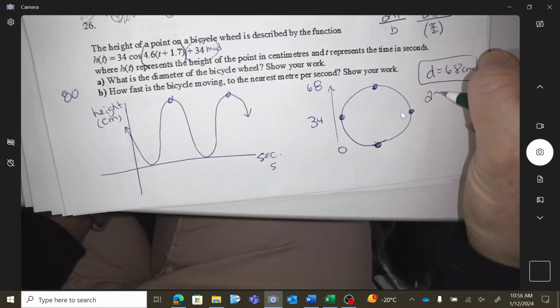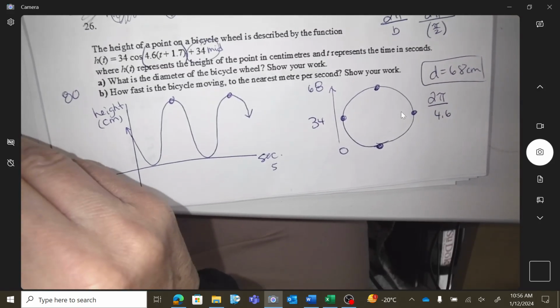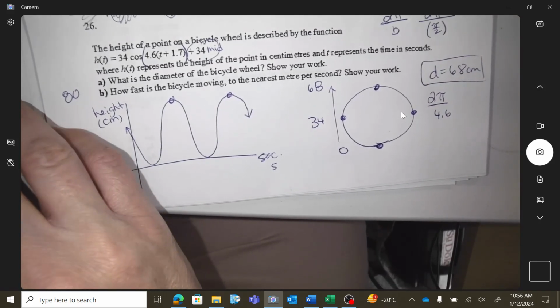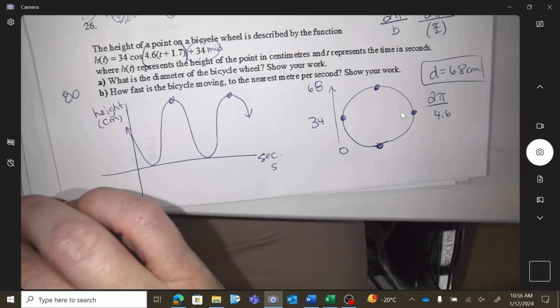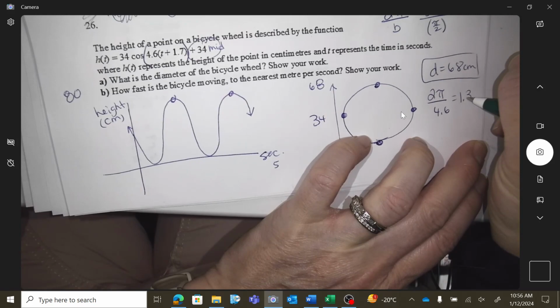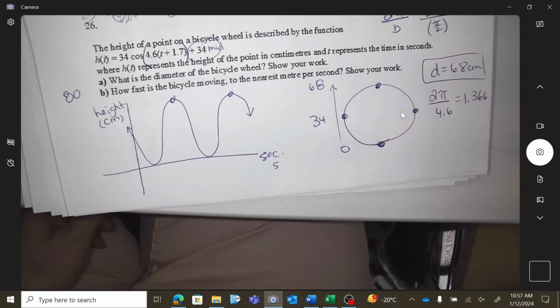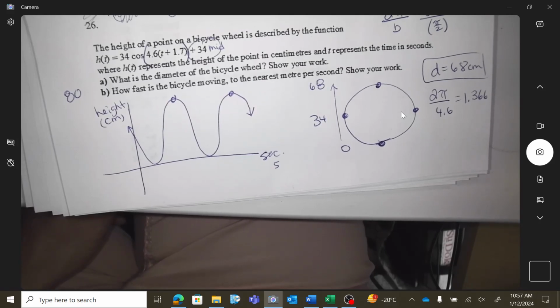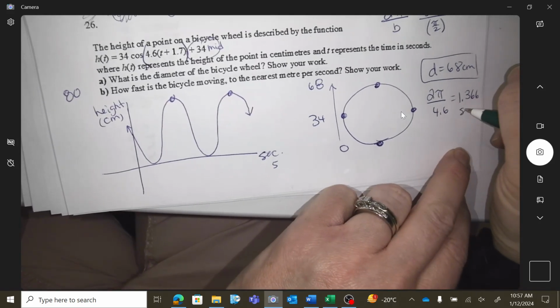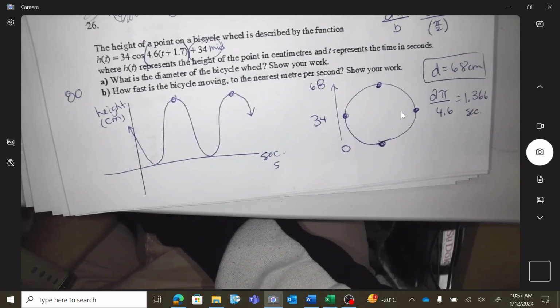Okay, so 2 pi over b. 2 pi divided by 4.6 is 1.3. Oh, you know what? I'm going to go a few decimal places here. I don't like rounding. That's how long it takes me to go around an entire wheel.